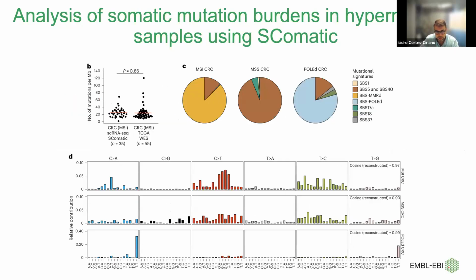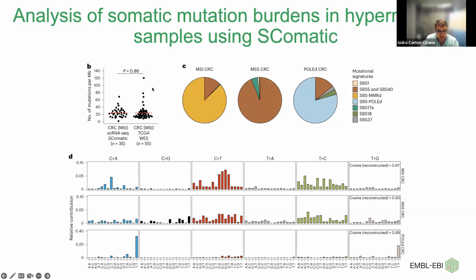If we look a bit deeper into this data set, we can determine the mutational processes operative in these cancers. What we determined is that in the MSI samples, we did detect a strong contribution of mutational signatures associated with mismatch repair deficiency. And in the colorectal cancers with microsatellite stability, the strongest contribution was assigned to clock-like mutational processes, indicated here by the single base substitution 5 and 14.